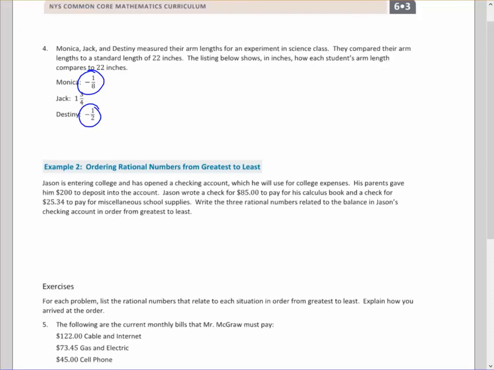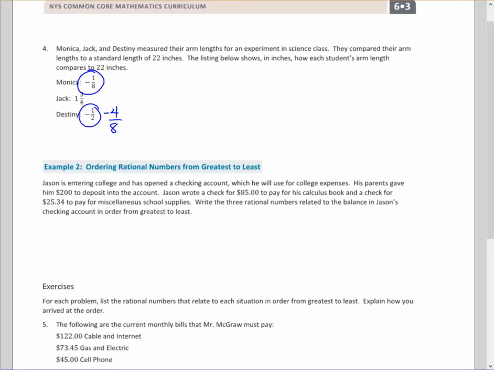But let's say they were a little more complex. You want to find a way to make these in the same format so that you can compare them. So I could change my negative 1/2 here to a negative 4/8, right? That would be okay to do, so that I can compare Destiny to Monica that way.